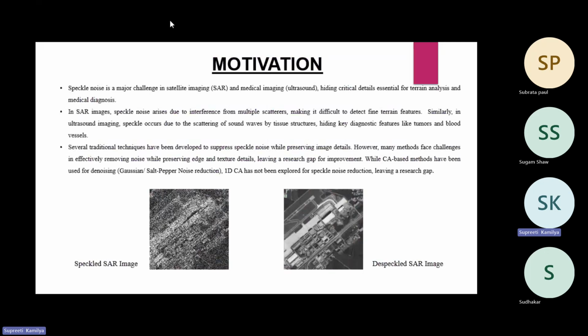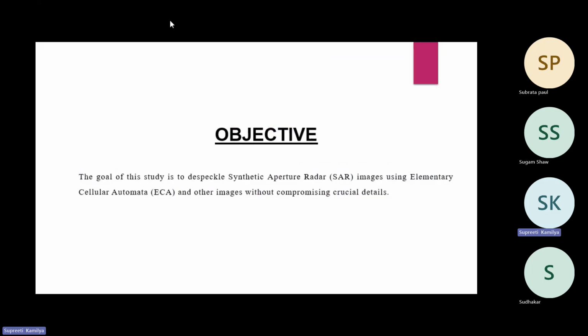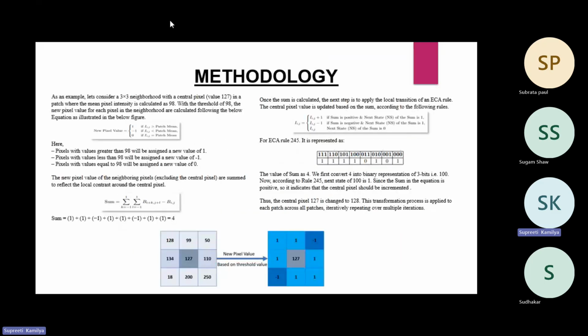You have used one-dimensional CA, right? How are you getting the sum? Actually, if the sum is positive... Yes, sir, I'll explain. After we assign new pixel values to the particular patch, how are we assigning them? We first take the mean intensity of the pixel values. That average intensity becomes our threshold.